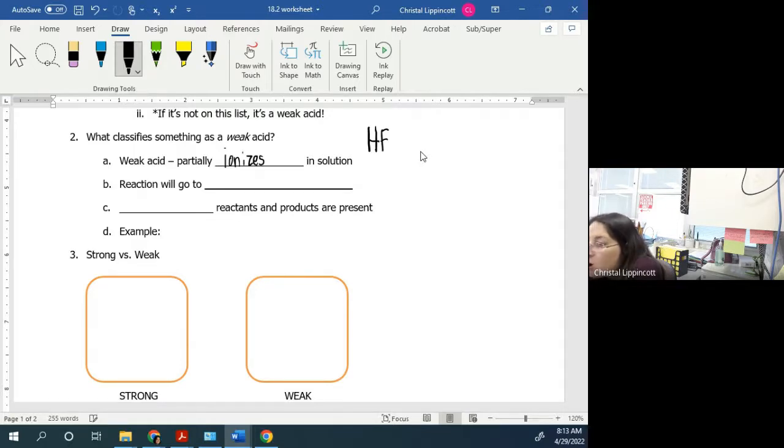Now that doesn't mean that this isn't dangerous. Very small concentrations of this, if you touch that, it will actually go through your skin and start disintegrating your bone. This stuff is super dangerous. So just because it's a weak acid doesn't mean that it can't do damage.